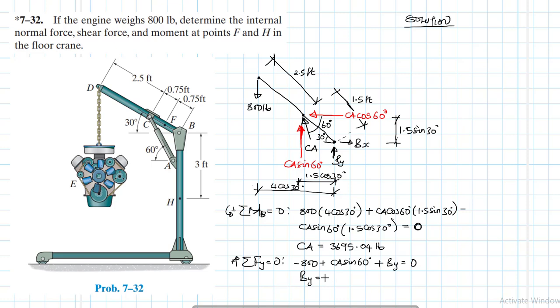Alright, so By is going to be equal to minus 2,400 pounds. Alright, so this one changes direction, right?